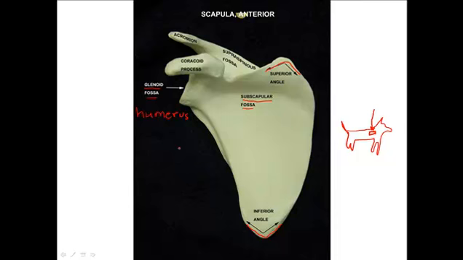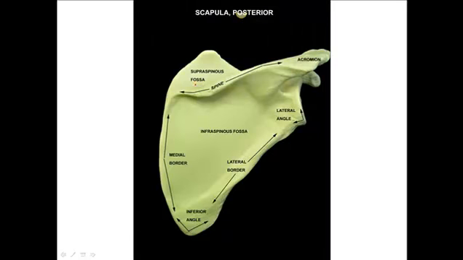So we have these two processes, and students get these confused. It's the coracoid process and the acromion process. And the difference between them, and we'll see it on the next slide, this makes it easier. On the posterior side, or the dorsal side, we have this big spine, and it's very, very obvious, okay?